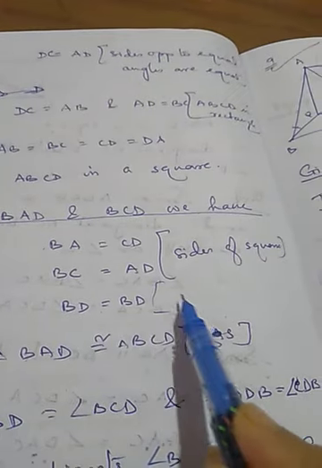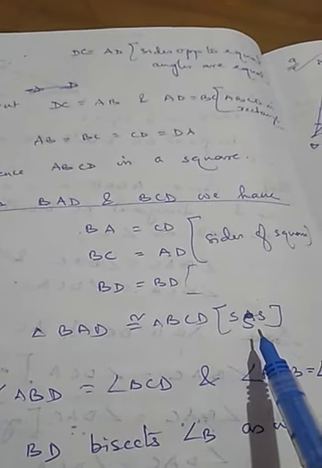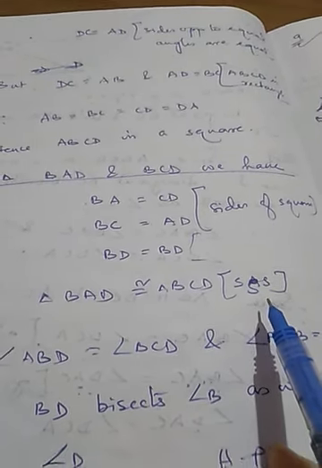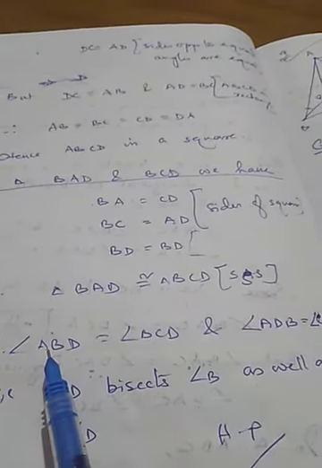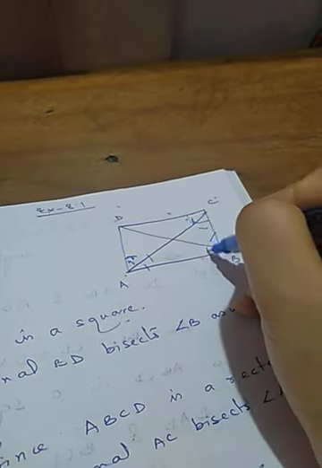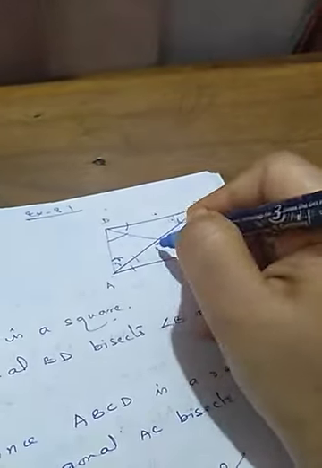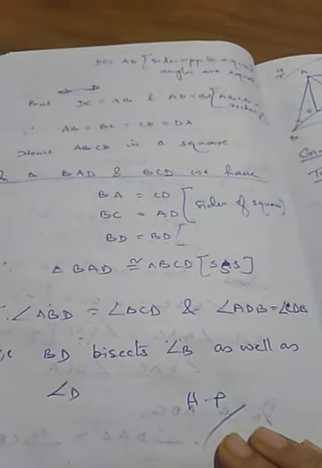Therefore these two triangles are congruent with the help of side congruency. So this angle equals this angle, and this angle equals this angle with the help of CPCT. Hence BD bisects angle B as well as angle D. I think you can understand question number 7 and question number 8.